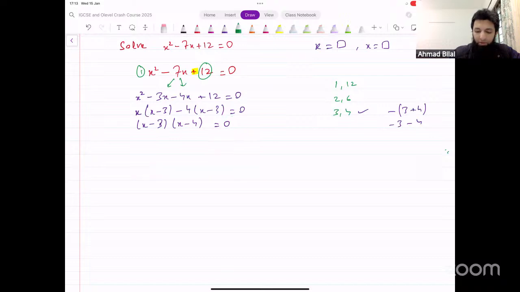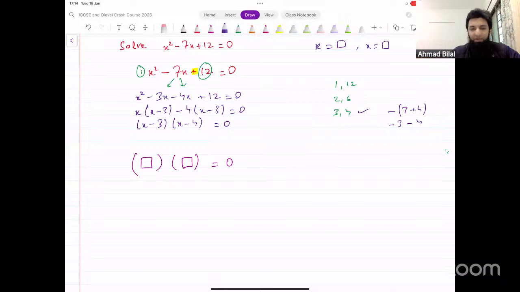Now, think about it. You've got two expressions multiplying, and the result is equal to 0. How is that possible? If you multiply any two numbers, when can the answer be 0?